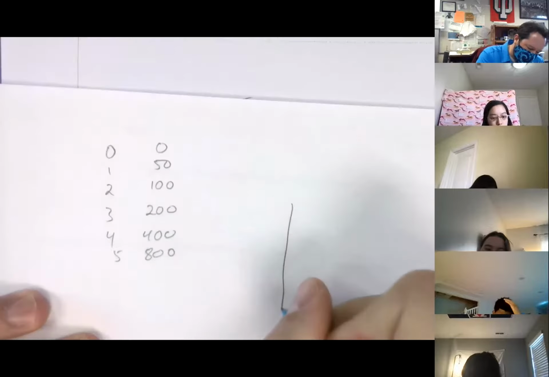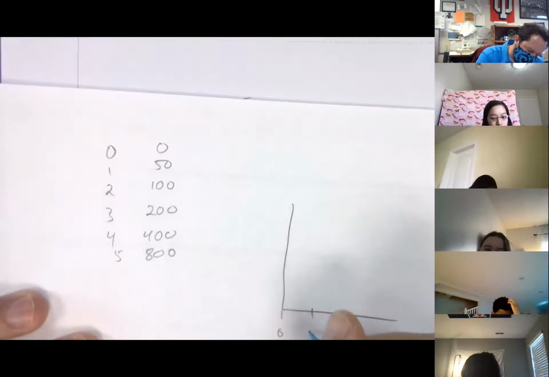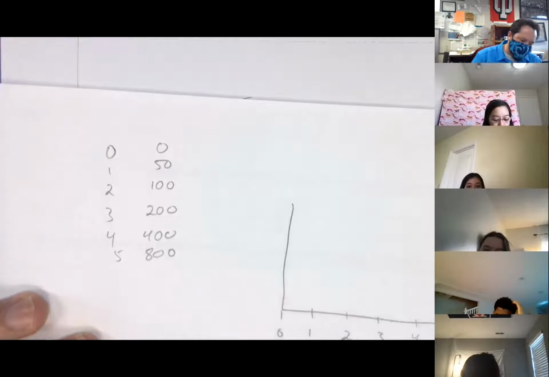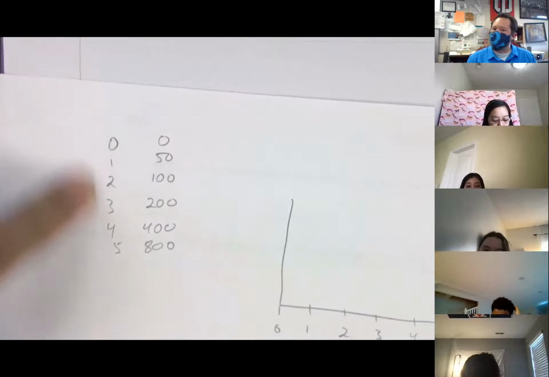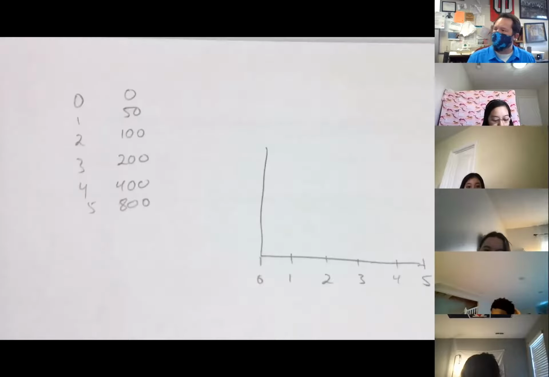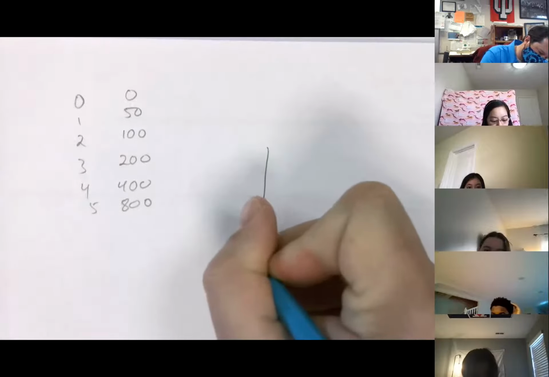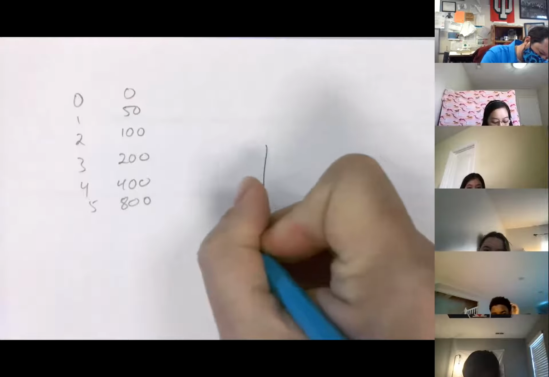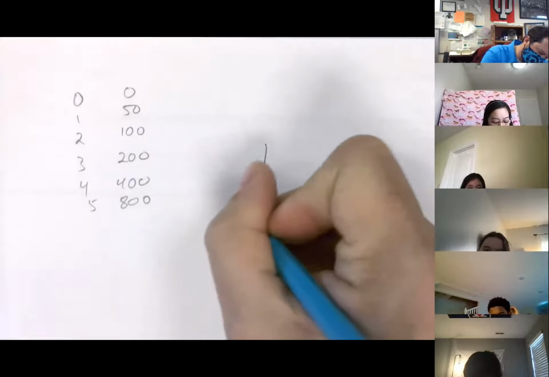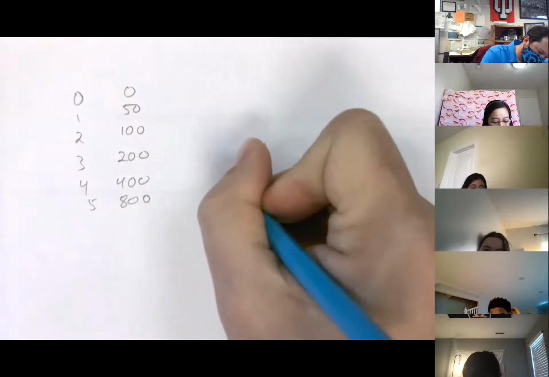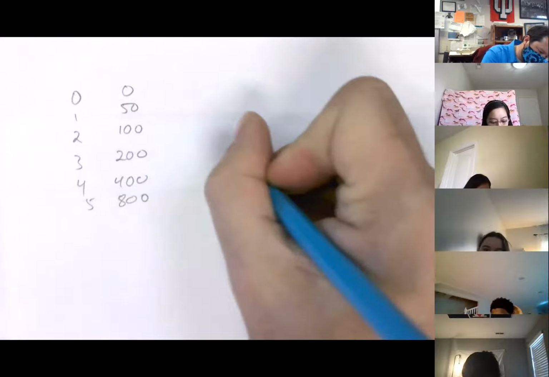What I see a lot of people do is they just put these numbers right onto the grid. 50, 100, 200, 400, 800.